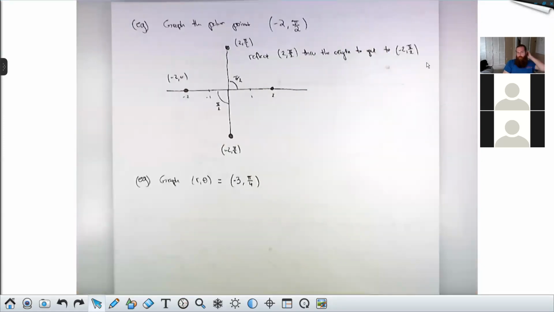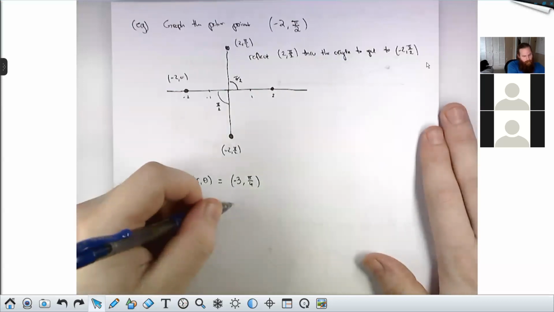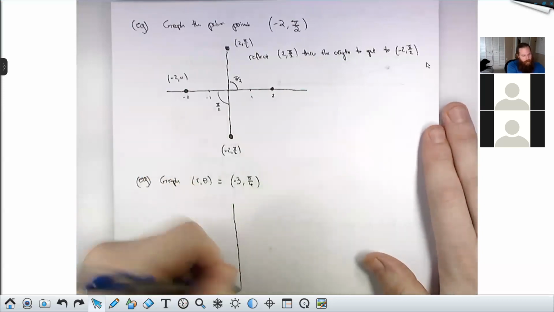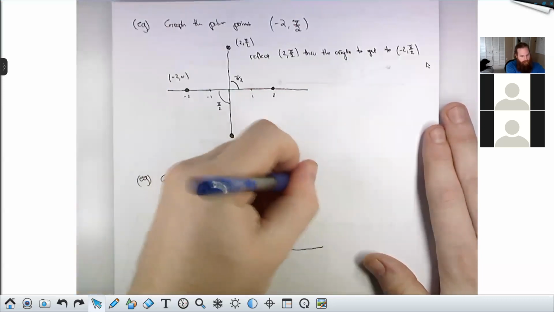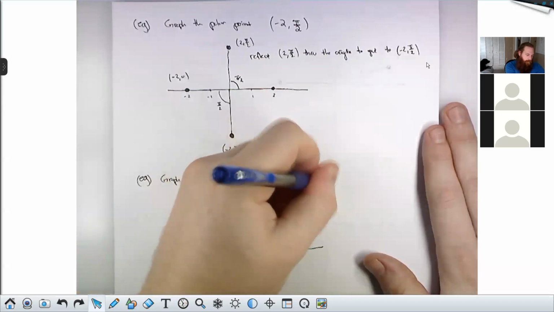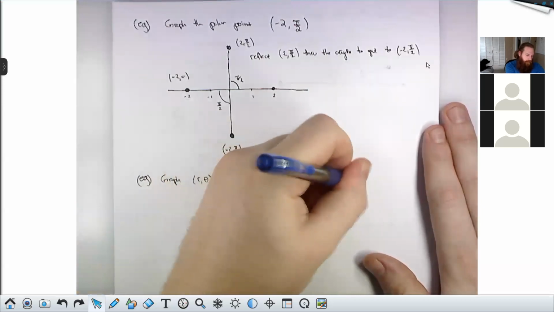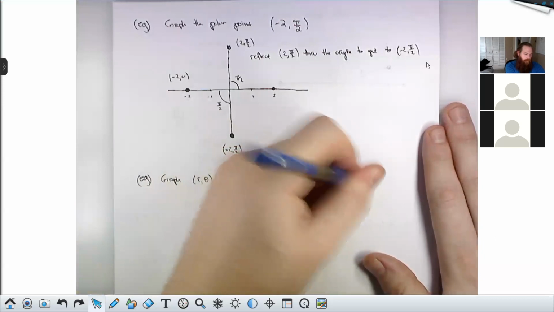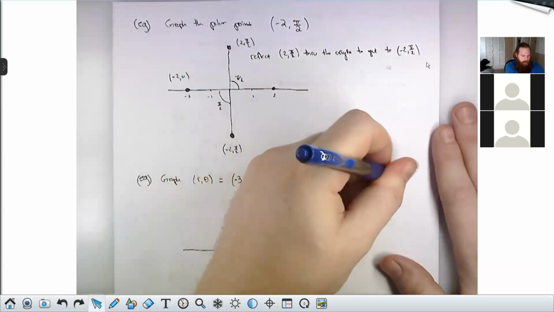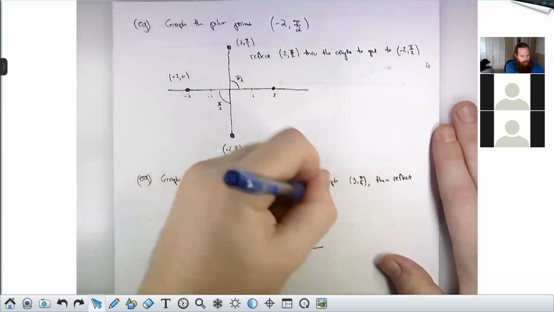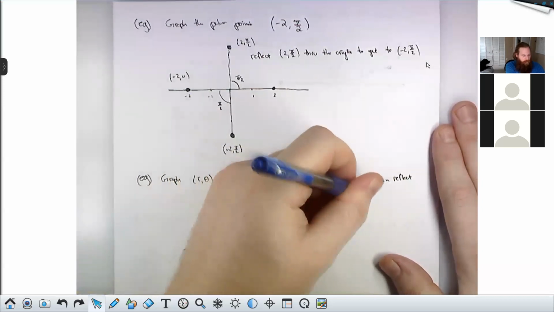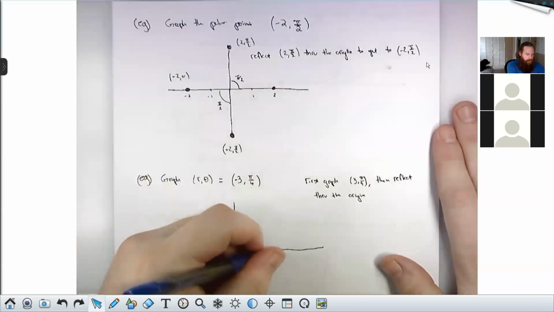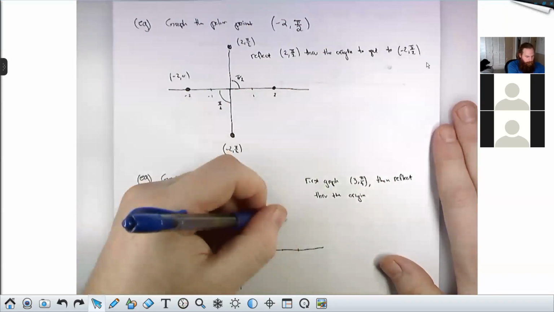So if I want to graph the polar point, -3, pi over 4, I would first graph +3, pi over 4, and then reflect it through the origin. So I go out 1, 2, 3, and I rotate up pi over 4.